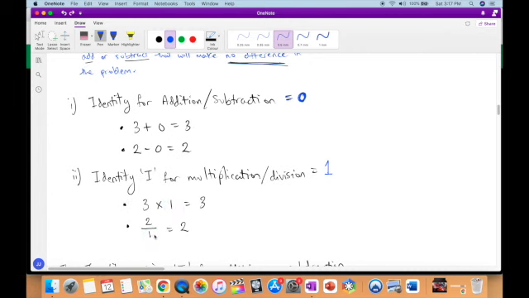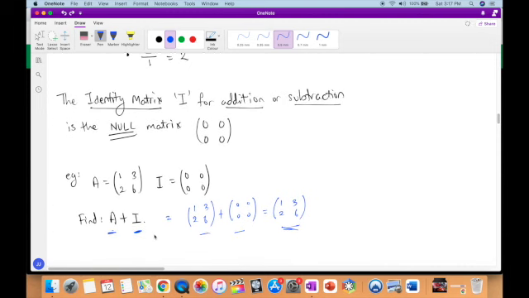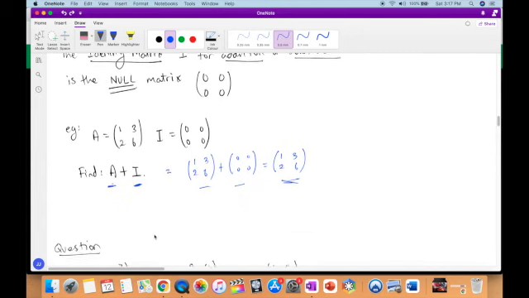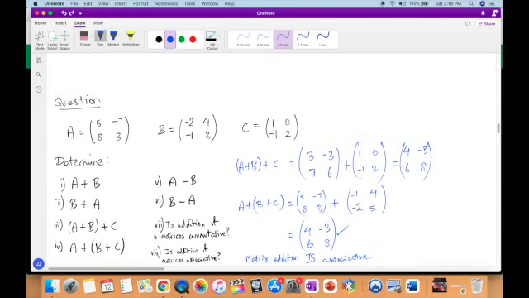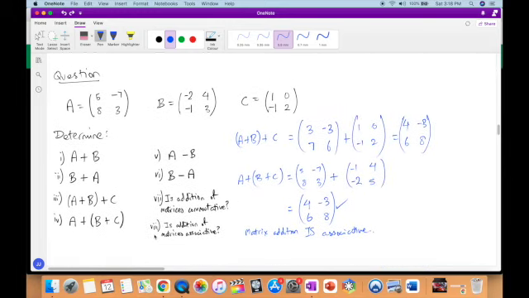So similarly, we spoke about the identity for addition of matrices to be that null matrix 0, 0, 0, 0. We still didn't speak about the identity for multiplication of matrices just yet, but we'll get to that today. And we tackled a very important question here, where we get to see that matrix addition is associative, right?